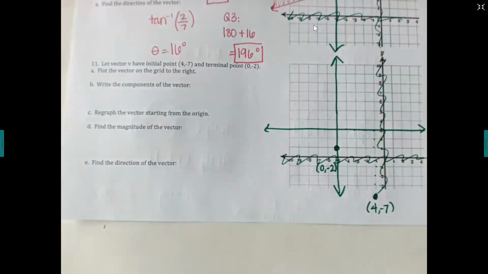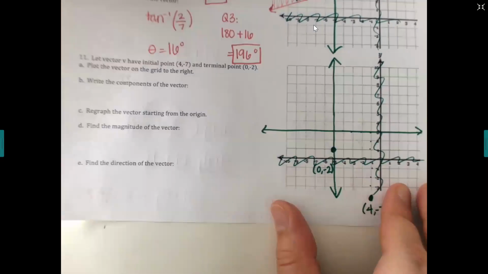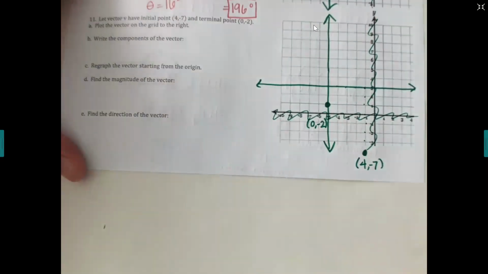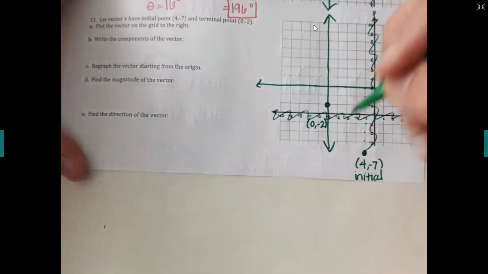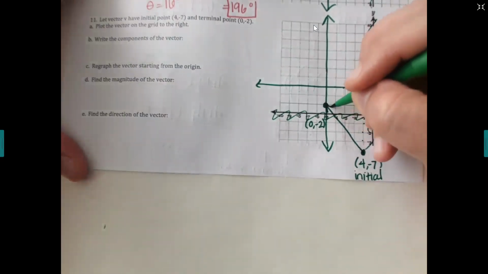Okay, which way should I make my arrow point? Starting where? Yes, the initial was 4, -7, and I have to connect to 0, -2.